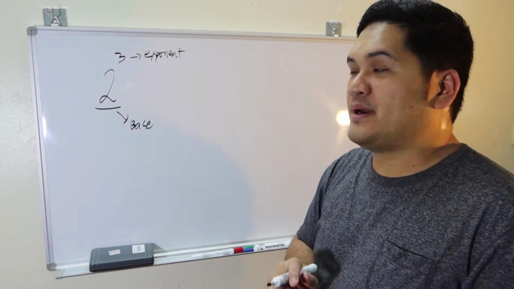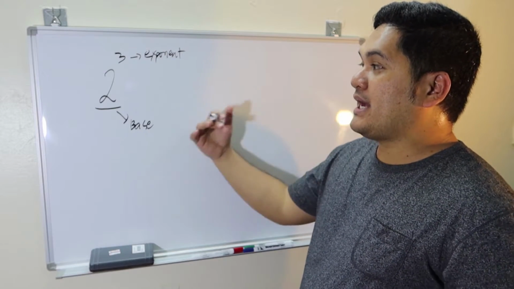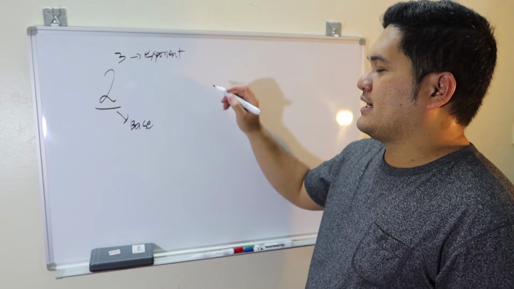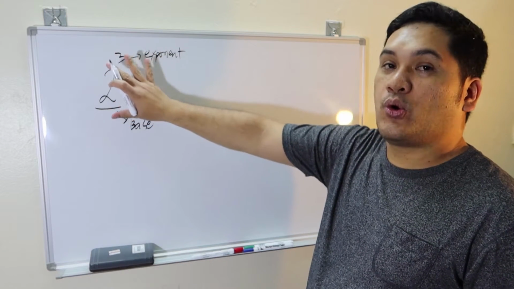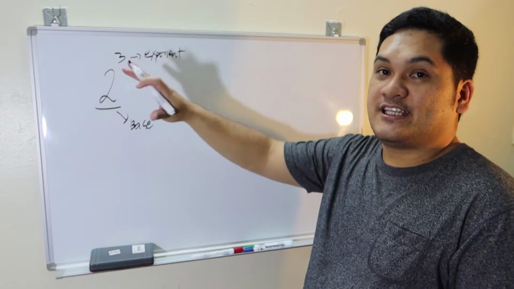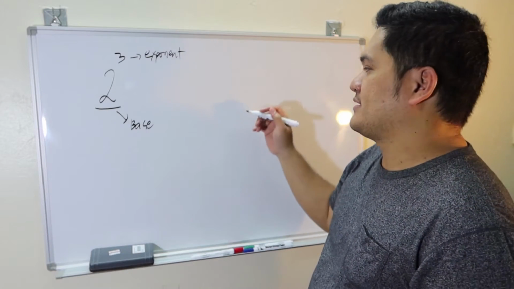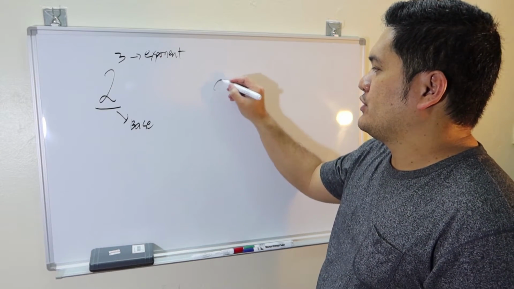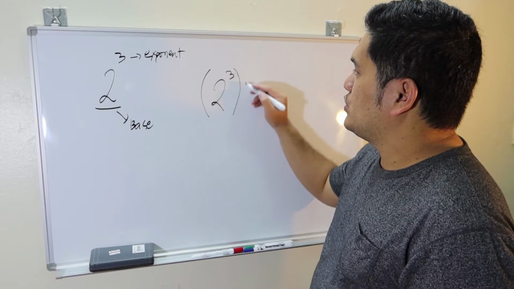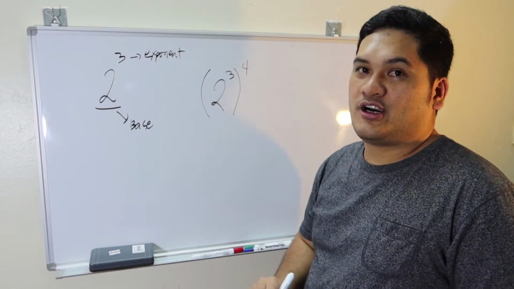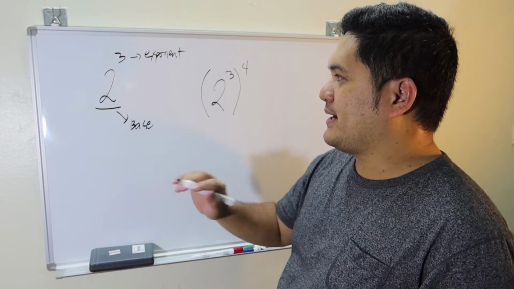Pero this time, ang magiging base natin is this whole given. Kasi nire-raise mo pa siya sa another exponent. For example, 2 raised to 3 raised to 4.